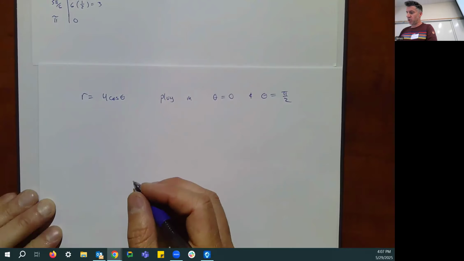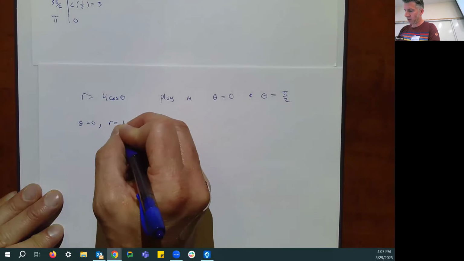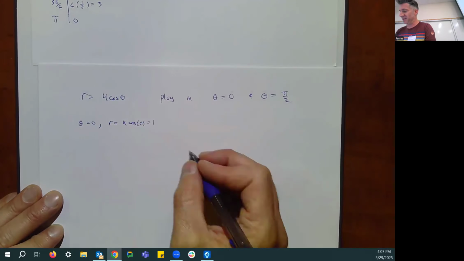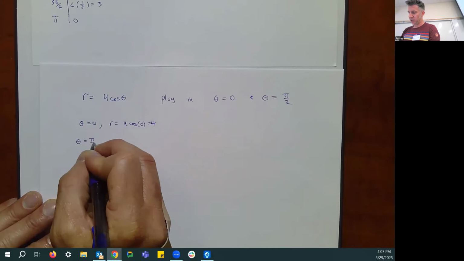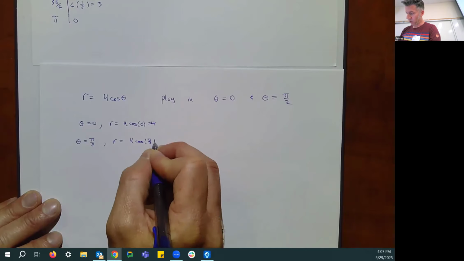So for theta equal to 0, r is going to be 4 cosine of 0, which is 1, so 4 times 1. And for theta equal to pi over 2, r is going to be 4 times cosine of pi over 2, which is 0.